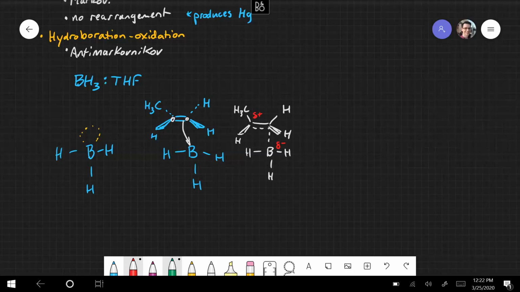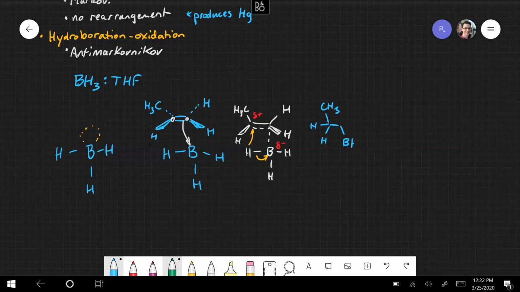the less substituted carbon. Okay, this reaction would finish with hydrogen bonding to that partially positive carbon and getting kicked off of the boron. Okay. So this is our intermediate, which ends up forming a stable alkyl boron compound that would look like so: CH3, hydrogens, so full carbon.